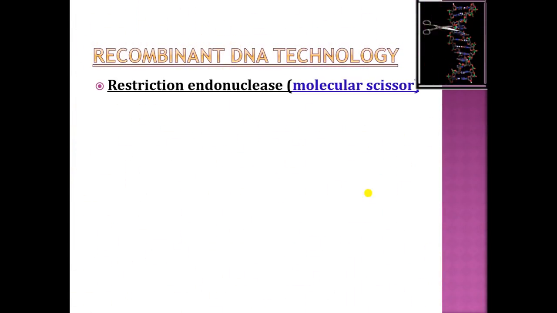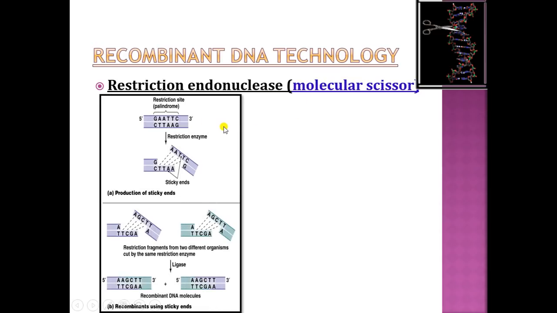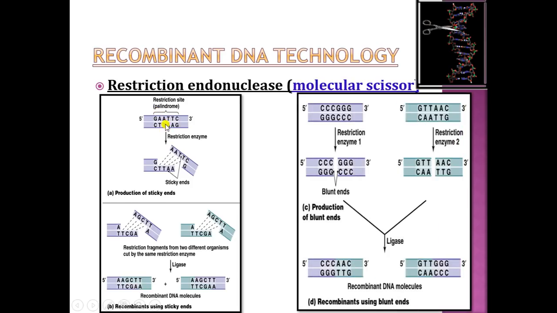In a previous video, we discussed restriction endonuclease, known as molecular scissors, which acts on a particular site in the DNA known as the restriction site, having a palindromic sequence, and produces sticky ends as well as blunt ends.